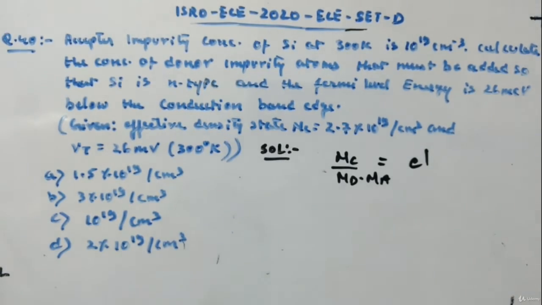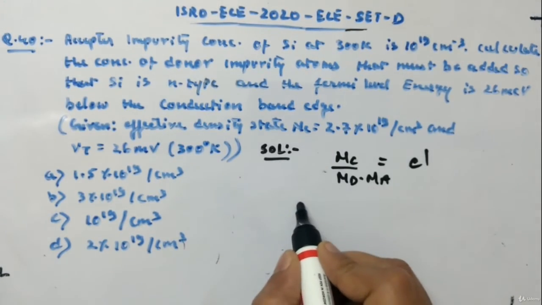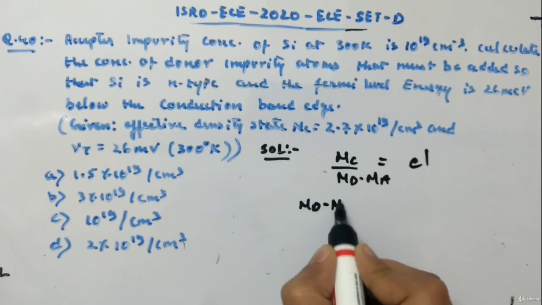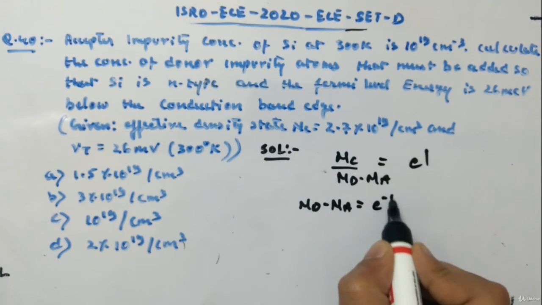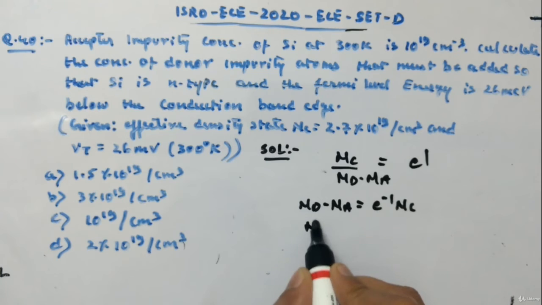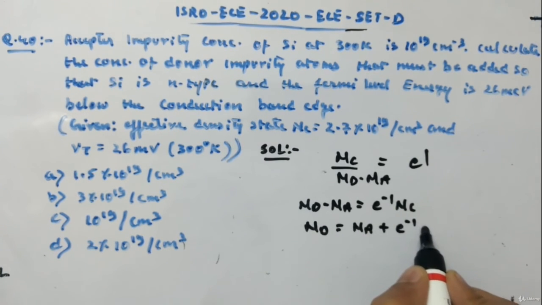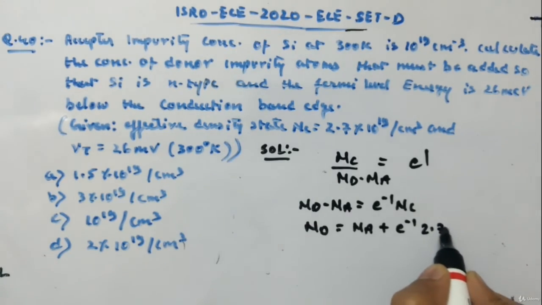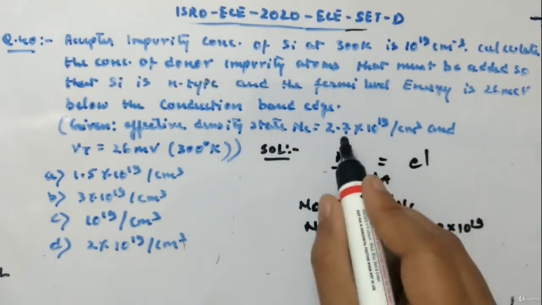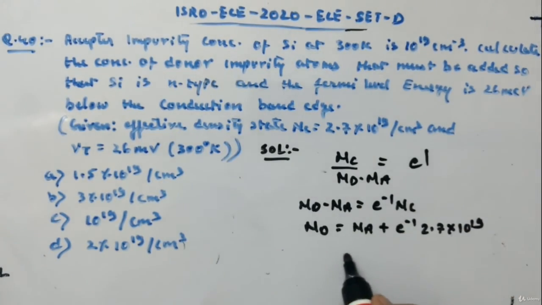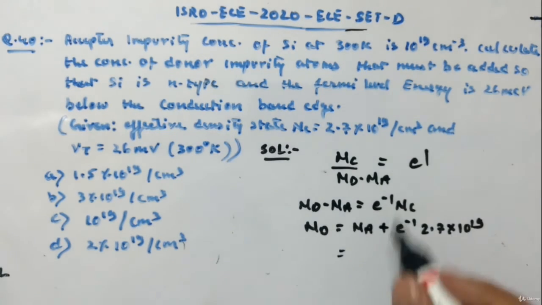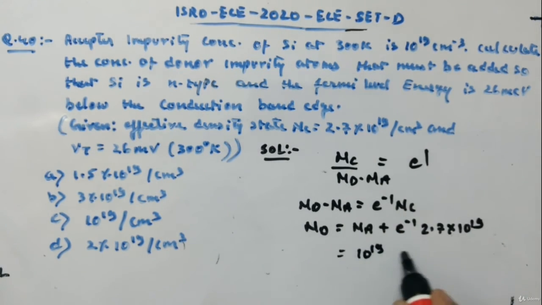Okay, so Nd minus Na is equal to e to the power minus 1 into Nc. Nd will be equal to Na plus e to the power minus 1 into Nc. Nc is 2.7 into 10 to the power 19, and Na is 10 to the power 19. This will also come out to be e inverse.